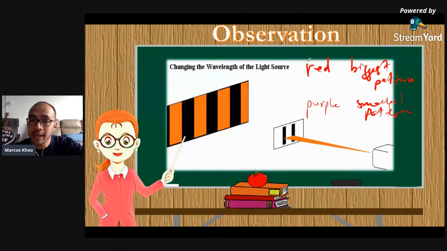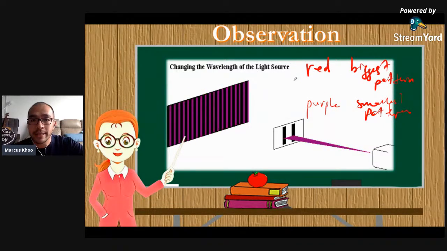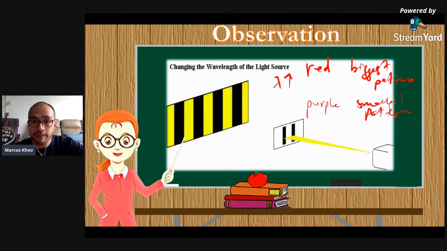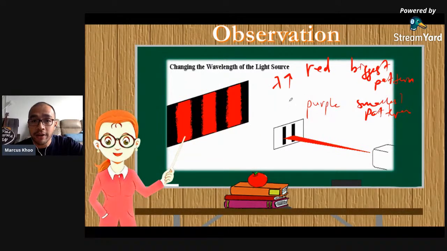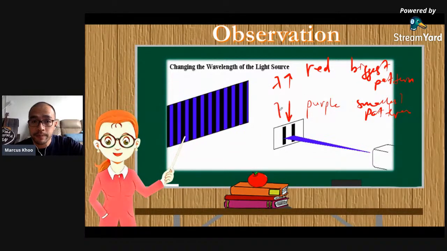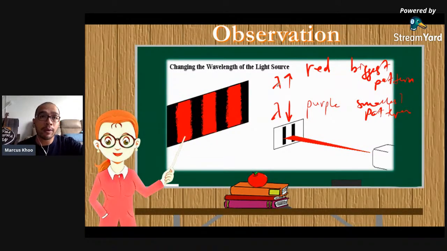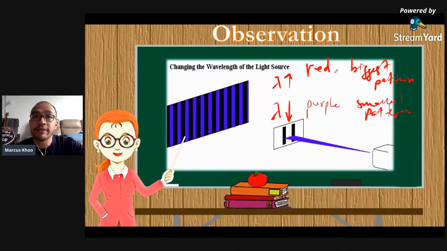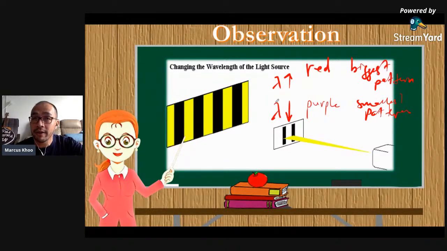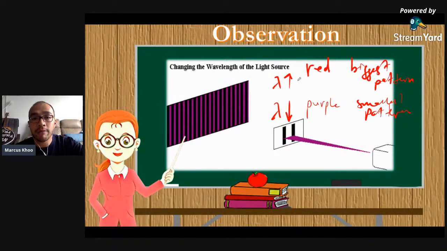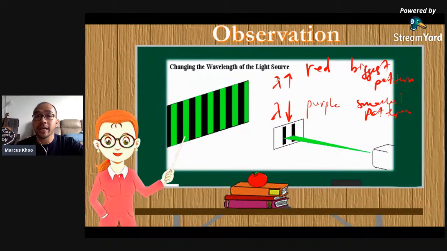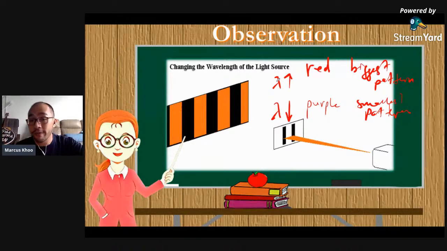What is interesting to note is that red has a very big wavelength and purple has a very small wavelength. That's why when we see a rainbow, we always see red color first, because red has a very big wavelength and it is easier to refract.